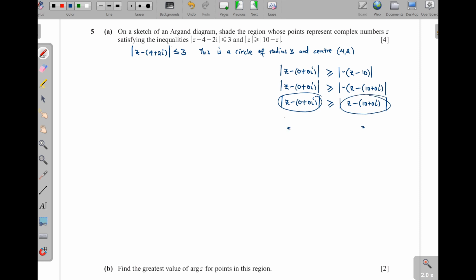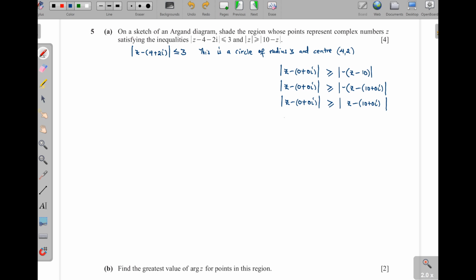You are looking at those points which are equidistant from these two centers, and that has to be the perpendicular bisector. You see that? But then you follow the inequality sign, okay? You have to just see where it is pointing. It is pointing this other side. That means go this way. As simple as that. So I'm going to show all of that when we are drawing.